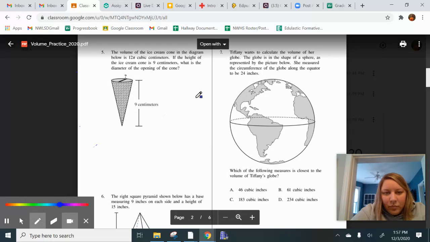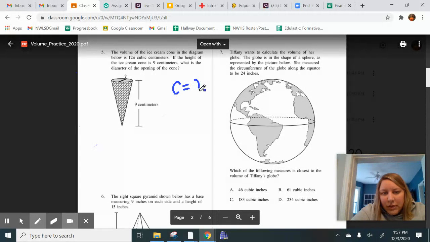So for circumference, remember, it is 2 times pi times r. So we have to work backwards to find what r is. So 24 is equal to 2 pi r. So what I'm going to do is divide by 2 pi on both sides.